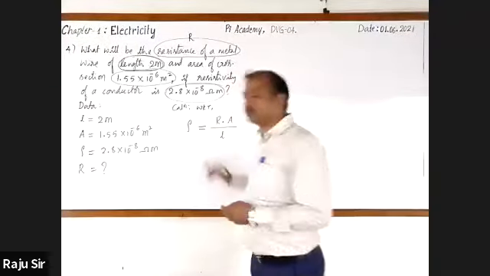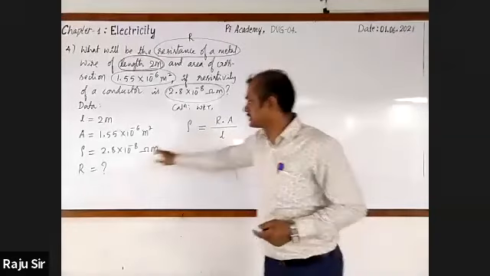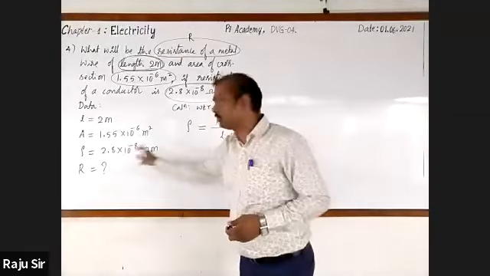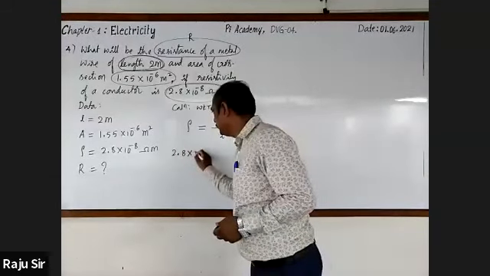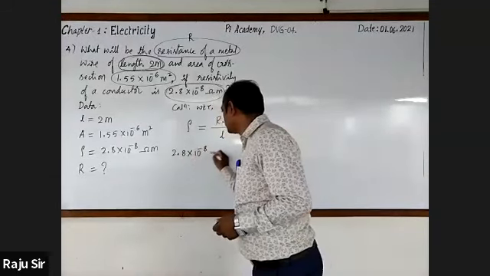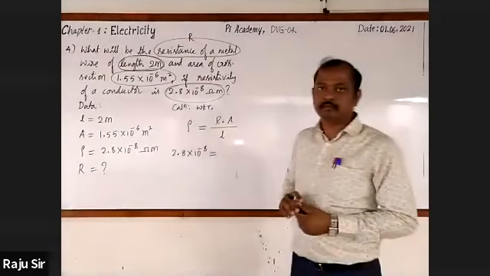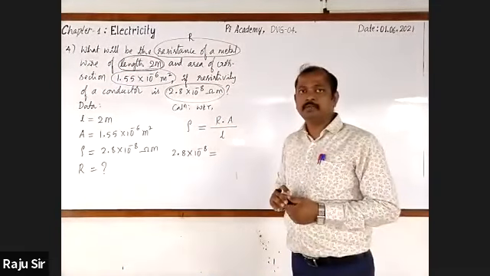Go for substituting the terms. Here rho, resistivity, has been given. I'm going to write the same, 2.8 into 10 raised to the power minus 8 ohm meter. Please write with me.